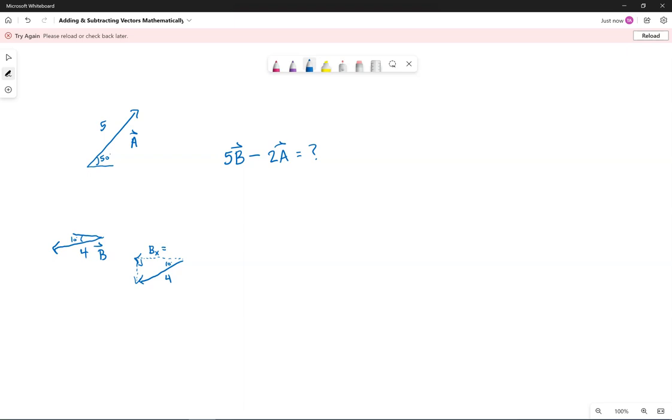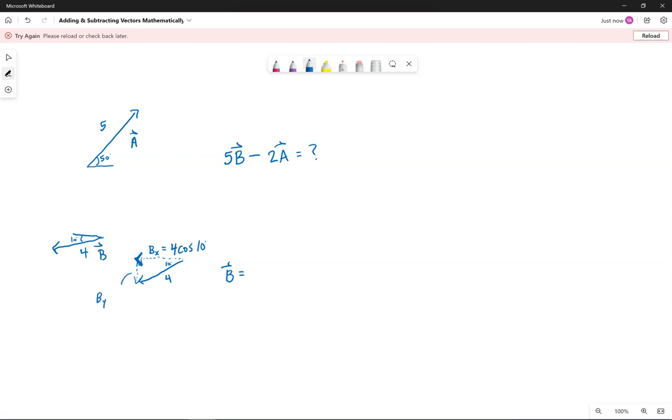We do know it points to the left. We can put the negative sign on now, or I like to just represent it with the arrow and then put the negative sign on when we write it out as vector B, so I'll write it out as a negative i hat. But in terms of labeling the side, because that side is adjacent to the angle, this will be 4 cosine of 10 degrees. Walk through that, taking the step, cosine of 10 is adjacent over hypotenuse, if you need to see that.